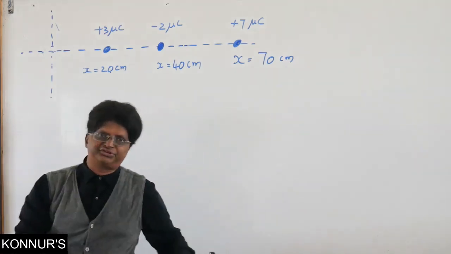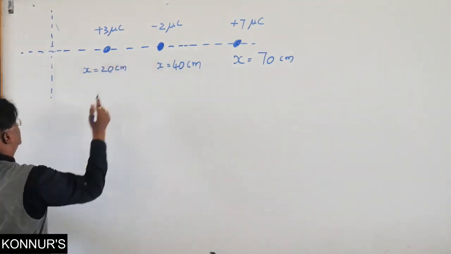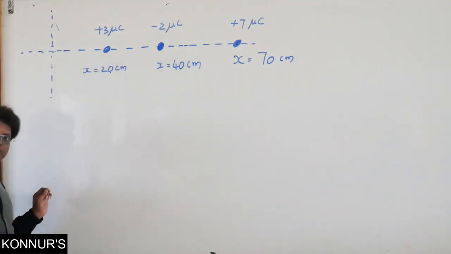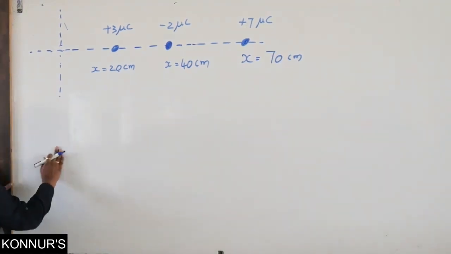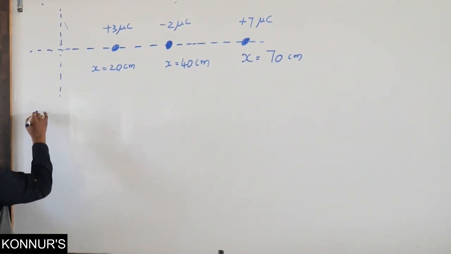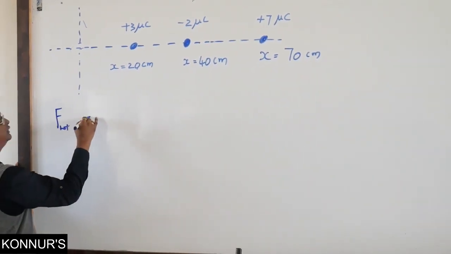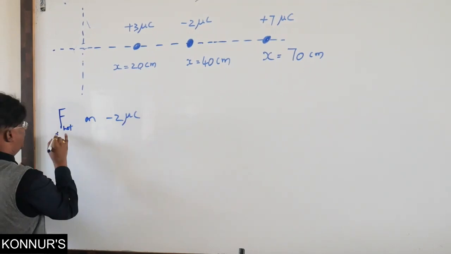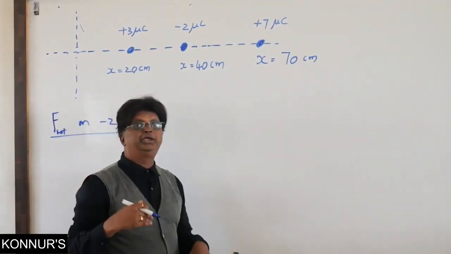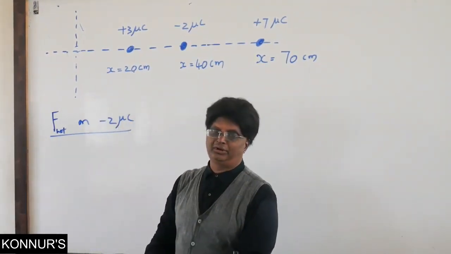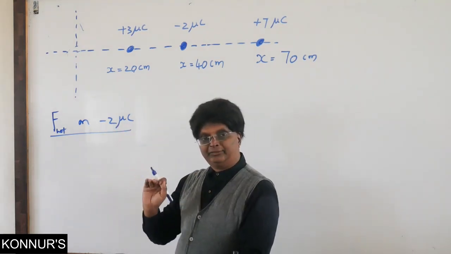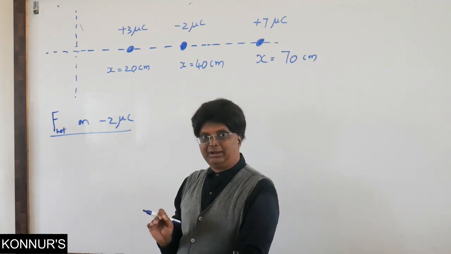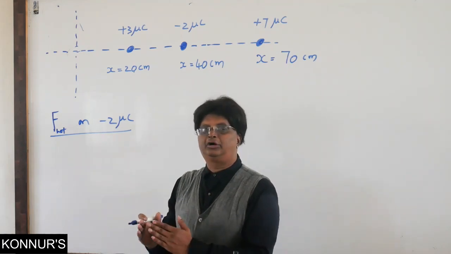Now let us see. We are using the expression for two charges, though it is three charges. What do we have to do? See, it is a step process. First, I have identified that I want to find the net force on minus 2 microcoulomb. You can do it for the other charges also. Then we have to look at the system and see how many pairs are possible.